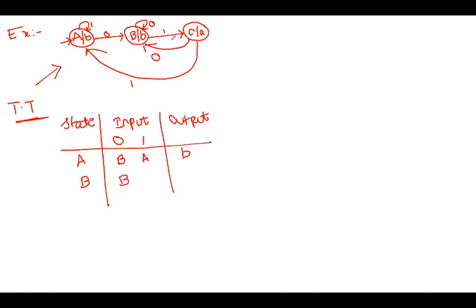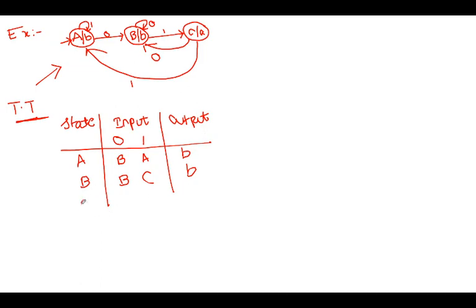B on taking the input 1 goes to C. Then we produce the output B. The output symbol is present in the state only, so we write that state's output in the output column.